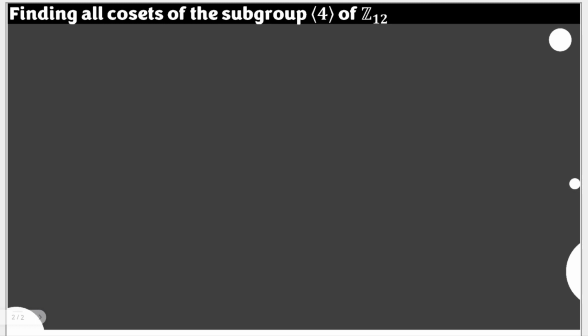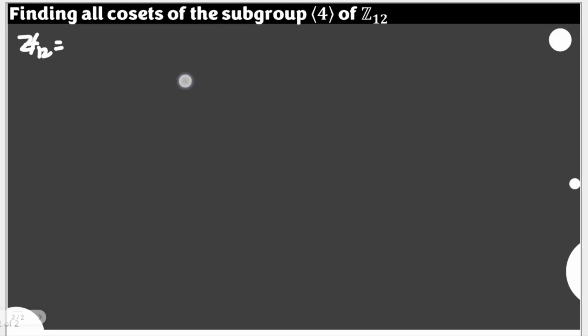Let's start by writing our group and our given subgroup generated by 4. So we have Z12. We know that Z12 is addition modulo 12, so we're taking the remainders of certain integers when divided by 12.